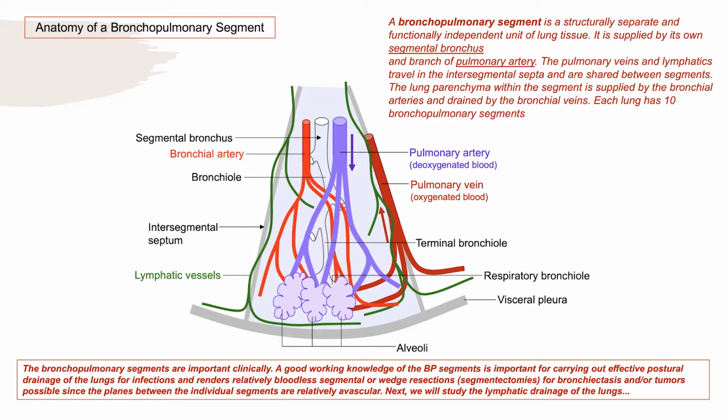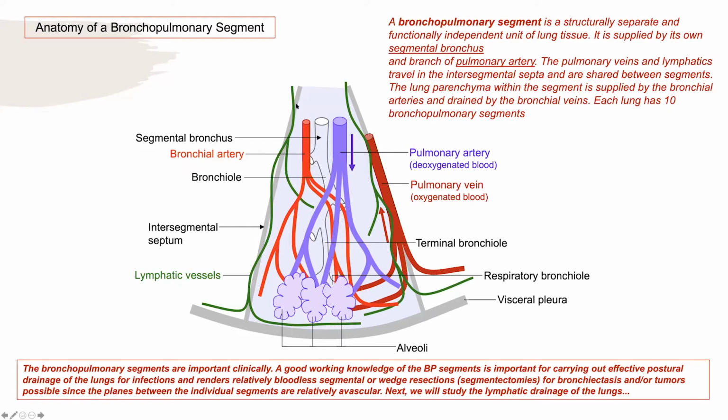Okay, Umar is asking, why doesn't the bronchial artery directly drain to the pulmonary vein? Gentlemen, the bronchial vessels are for the supply of the tissue, and the pulmonary vessels are those bringing oxygenated and carrying deoxygenated blood. The bronchial is for the supply. Let me tell you one thing. How is it avascular?